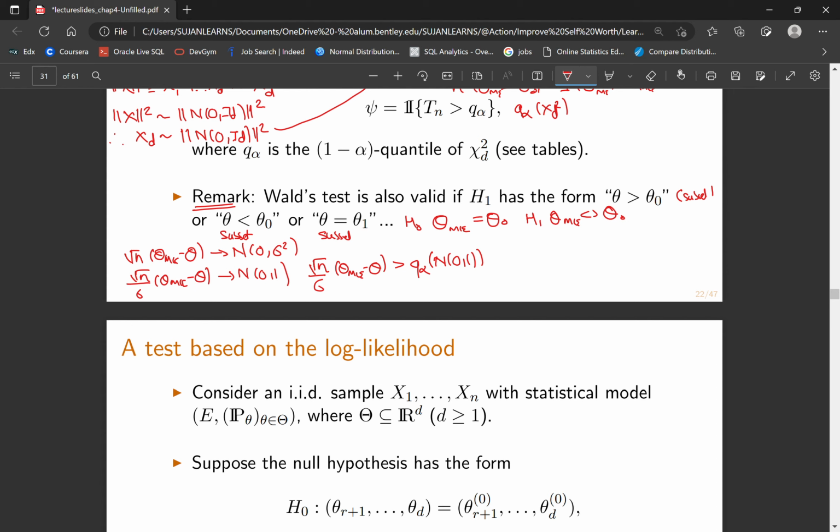Now let's look at some other thing here. What if we square this? Let's begin with this again and square both sides to get a chi-square distribution.